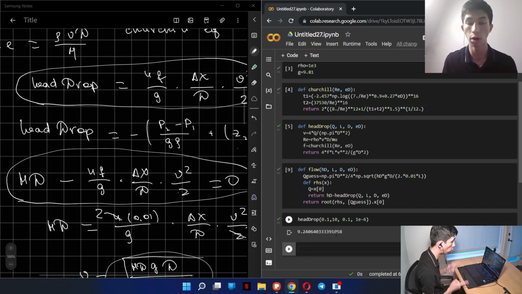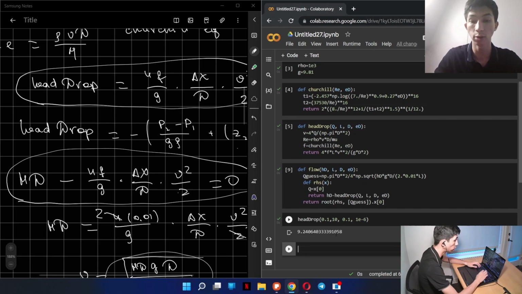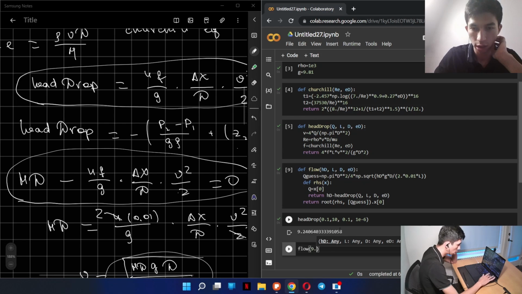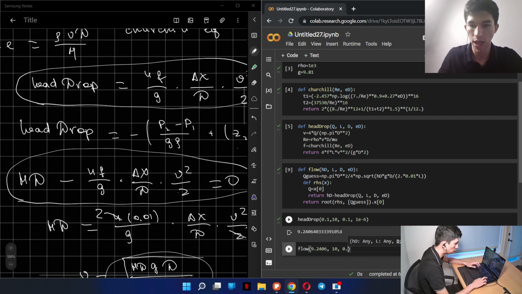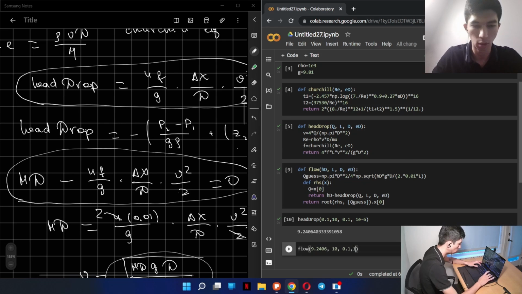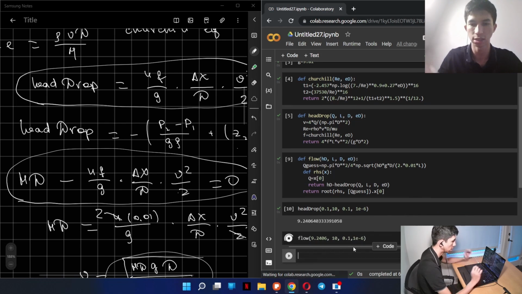Now let's work backwards to find out if we get the same flow if we plug this head drop into our flow equation. For the head drop we're going to provide 9.2406, for the length it is 10 meters, for the diameter 0.1, and the roughness stays the same, 1 times 10 to the power of negative 6.